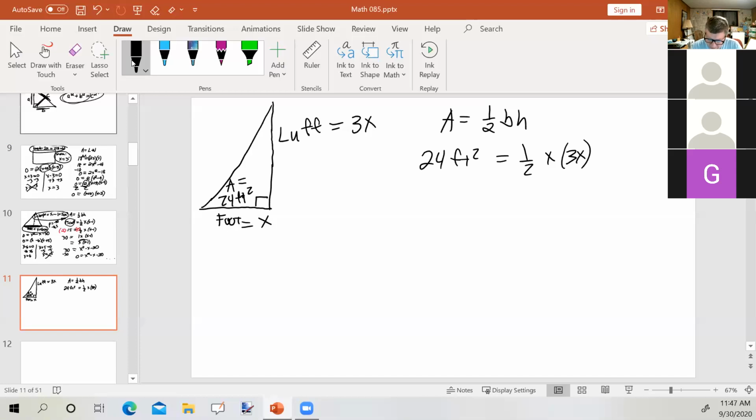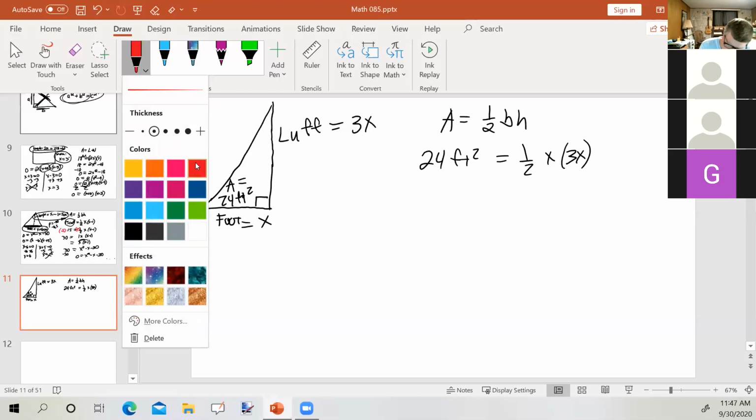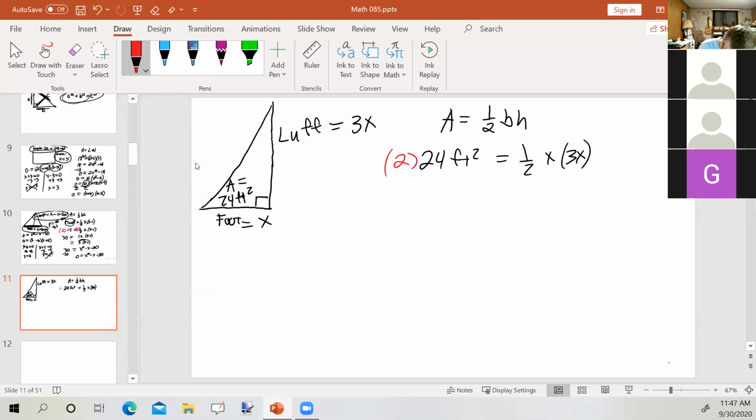So let's get rid of the fraction. We're going to multiply both sides by 2. So on the left side, I get 48. On the right side, 2 times 1/2 is 1 times x times 3x, which is 3x squared. So 48 equals 3x squared.